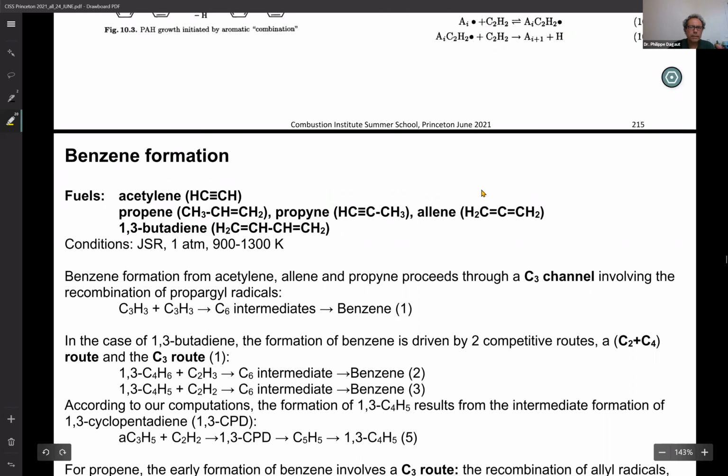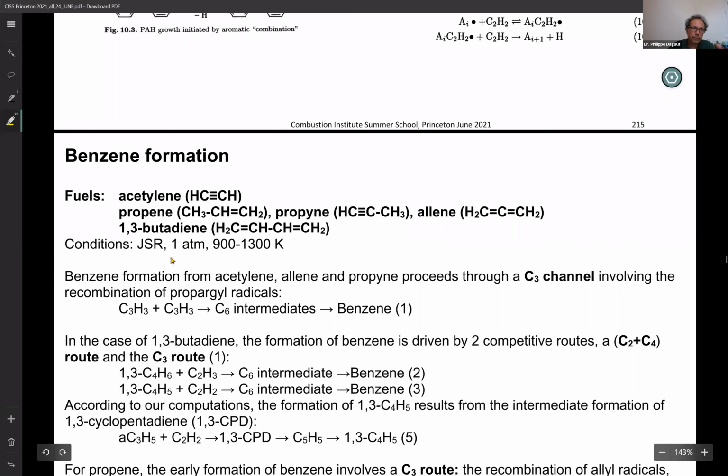So we selected 3 different C3 hydrocarbons: propylene, which is an olefin; propyne, or methylacetylene, which is similar to this one; and allene, which is the isomer of propyne. It has two double bonds, diene, and we selected another diene with 4 carbon atoms, butadiene.